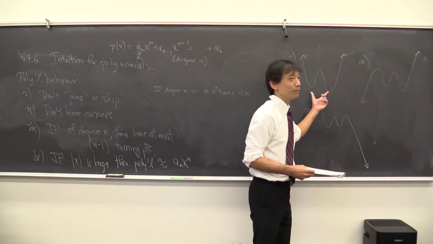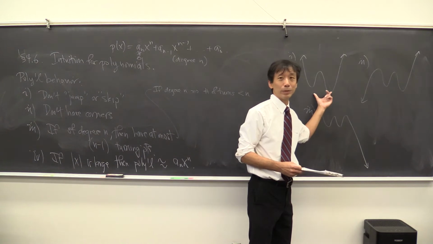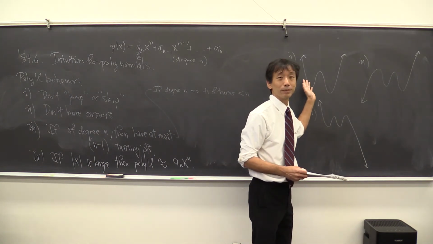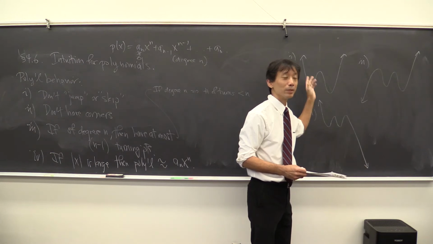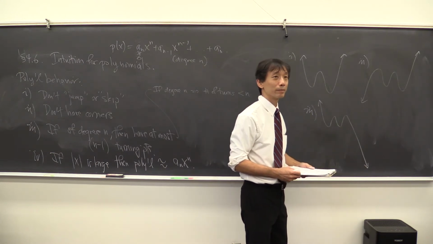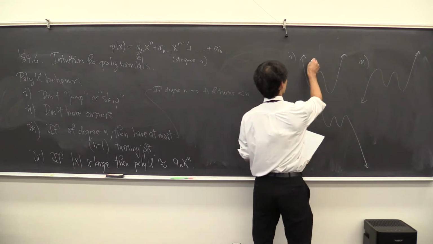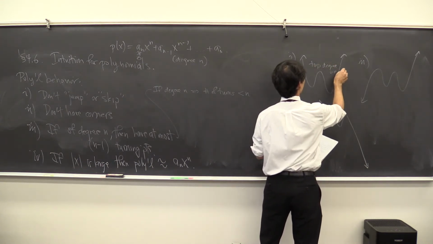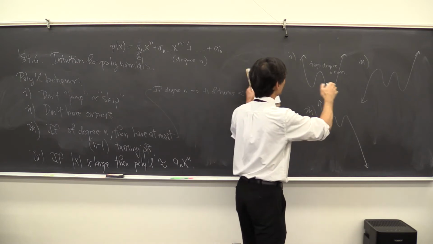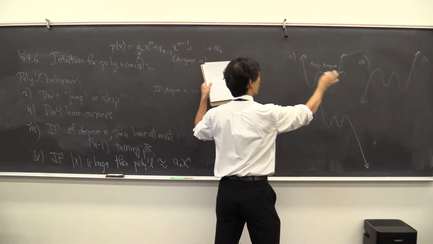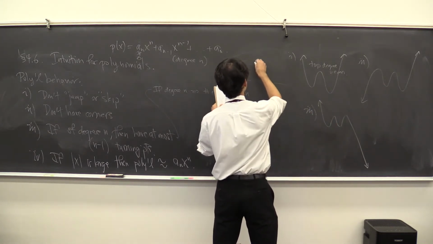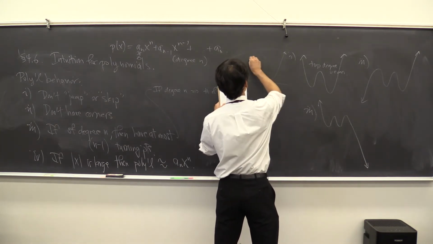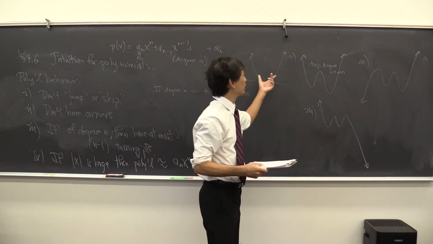Okay, who would like to say anything about this first one? What can you tell me about it? Yes, Amy. It's even? Yep, so the top degree is even, because far away from the origin it looks something like that.